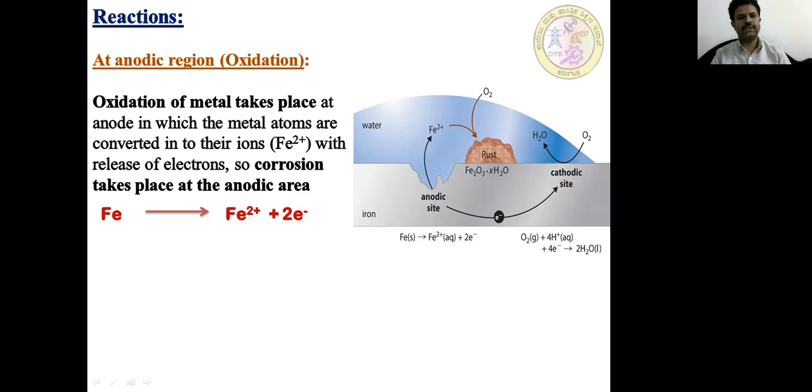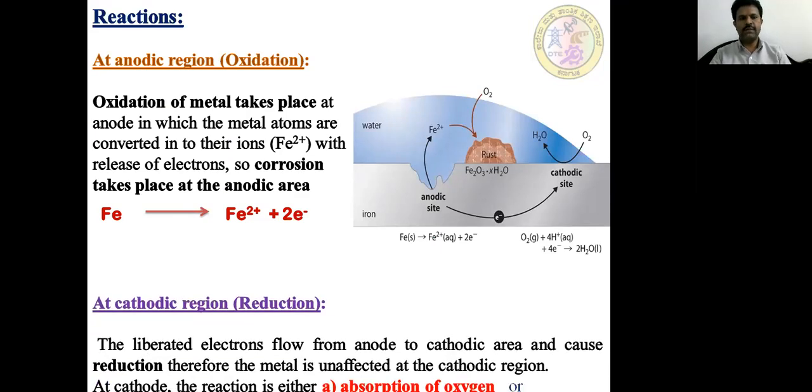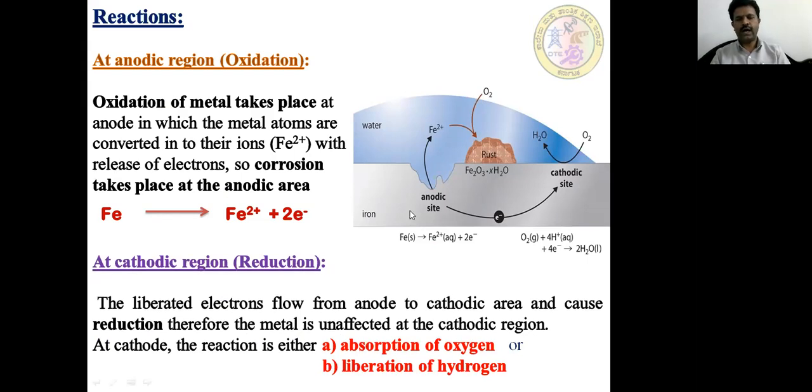This reaction is oxidation, hence corrosion takes place at the anodic area. Simultaneously, at the cathodic region, the liberated electrons flow from anode to cathodic area and cause reduction. Therefore, the metal is unaffected at the cathodic region. So at the cathode, the reduction reaction will occur.